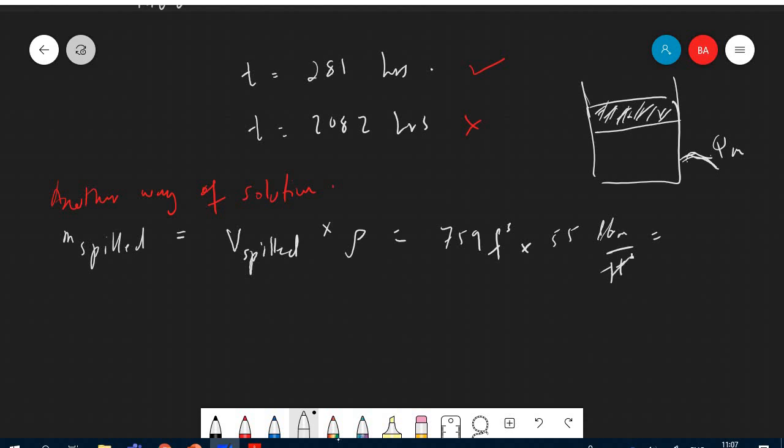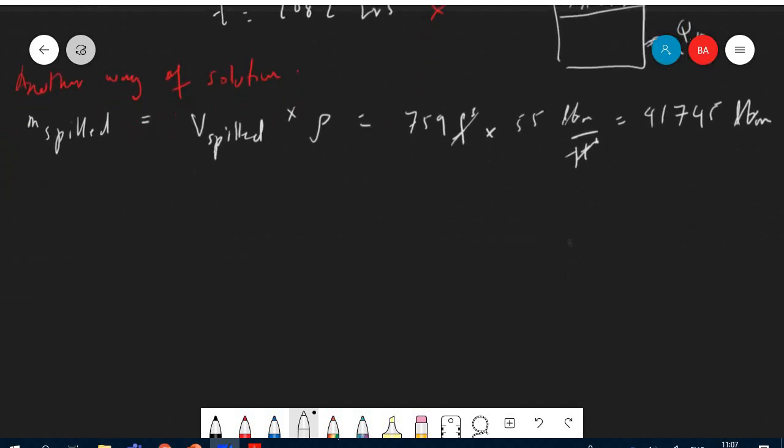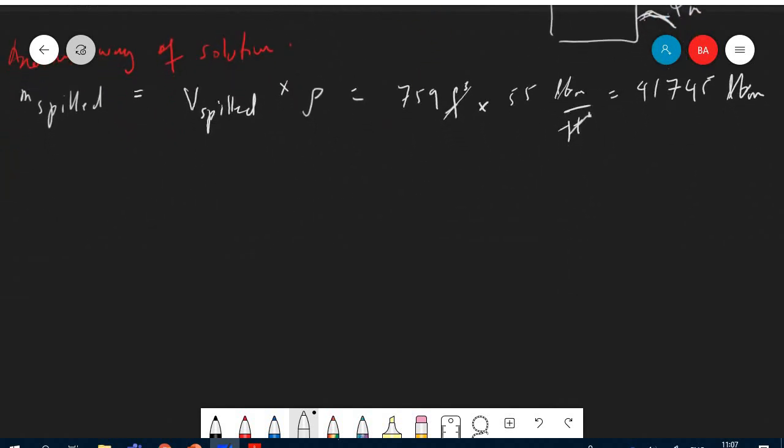41745. That is the amount of pound mass. My god, is that a number? That is a really very big amount that we are talking about here.